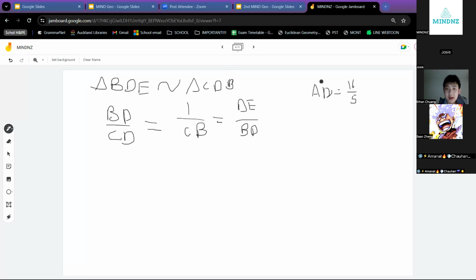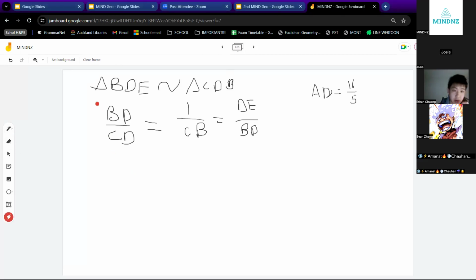So if you come back to this diagram, we see here that we haven't been given any of these sides, for example. So we don't know BD and we don't know CD and we don't know DE. And this is what we're trying to find, right?